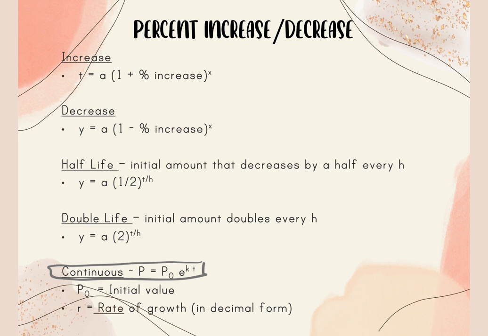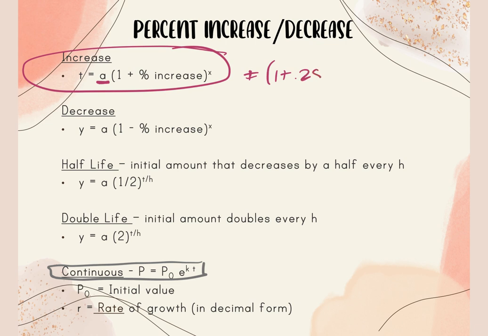These other ones are simple growths. They're still exponential, but they're not continuous. So the first is an increase. If I wanted to establish an increase or decrease in growth model, so an increased growth, it would be whatever you're starting with, your initial value, times 1 plus the percent increase. So if it is a percent increase of 25%, then whatever I start with is going to get multiplied times 1 plus 0.25 because it has to be in decimal.